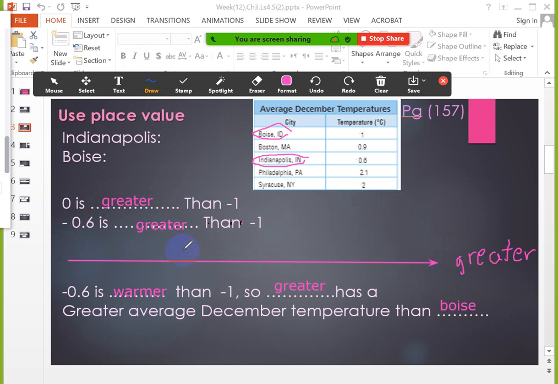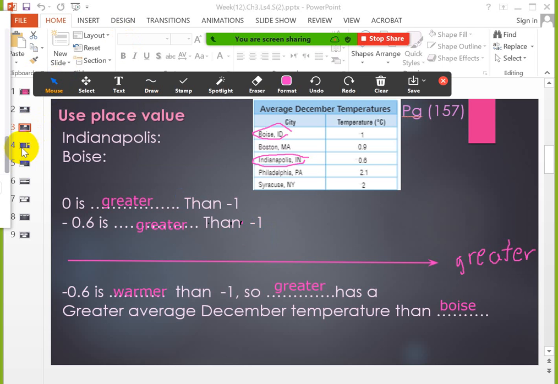This is the idea from this example. This number is more than this number. We are comparing here between two negative numbers. But here the idea is those numbers maybe will be rational numbers. Okay, girls? Now let's see another example.